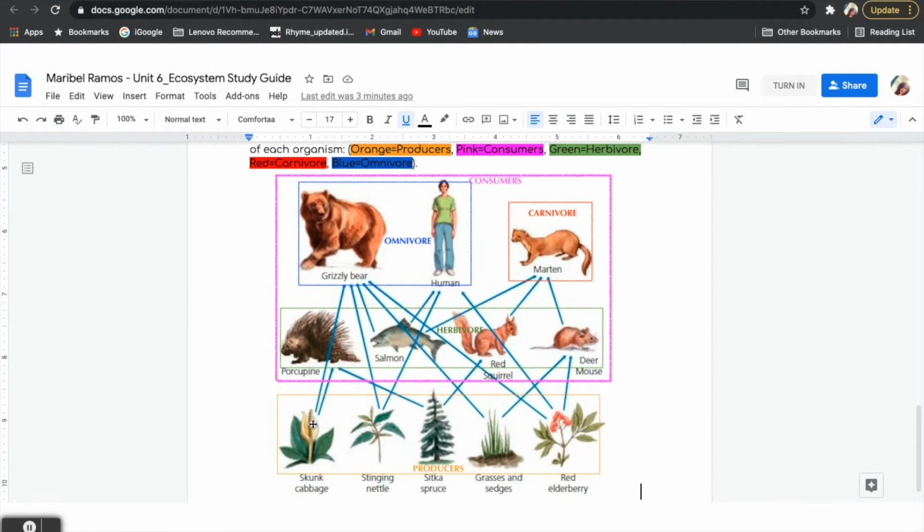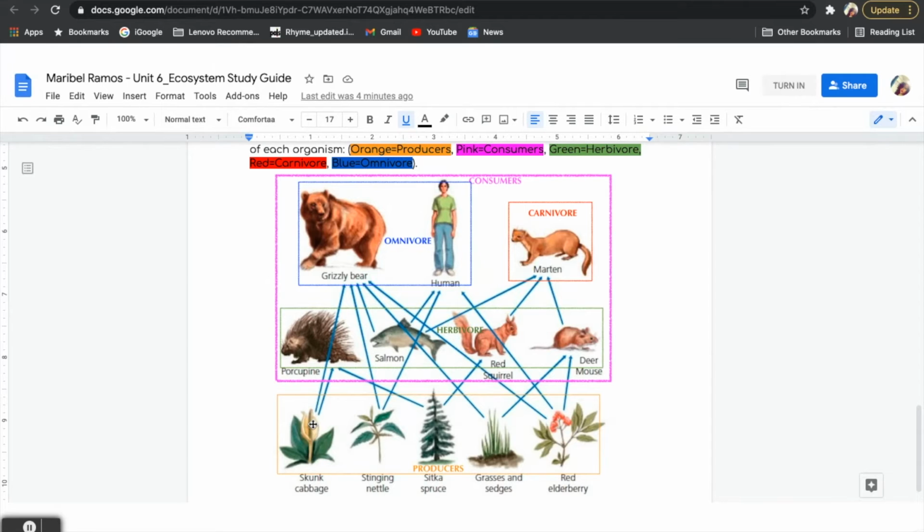All these plants are examples of producers. These producers are able to make food using the sun's energy and help themselves grow. When our producers are grown, they are able to help other organisms in ecosystems for food. For example, herbivores. Can you name some herbivores that we see on our food web?